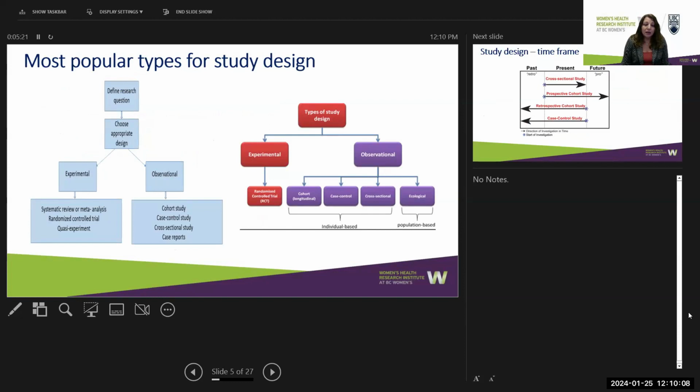Study designs are divided into two major groups. There are a lot of different study designs, but we're going to talk today about the ones mostly used in health research, not all of them. So we have experimental design and observational, or non-experimental, design.